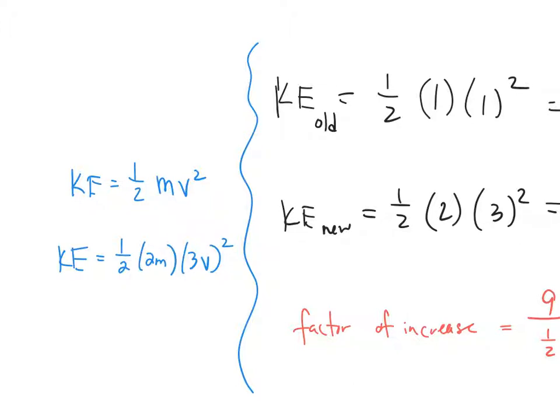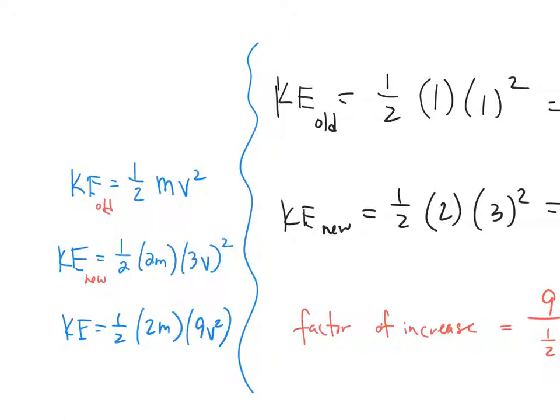So take a look at what I'm going to write just to show you. So this is like my old. This is my new. And I just want to simplify new a little bit further. If I'm going to simplify it, I'll leave the 1/2 in front. I still have the 2m. 3v quantity squared is really 9v squared. See how the squared moves? See how when I distribute it, it moves inside?